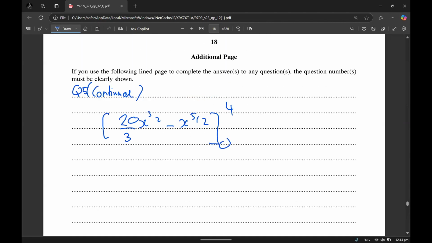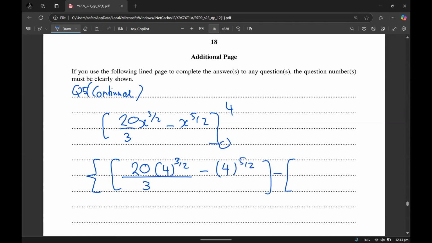Okay, so we just put in the limits. The way to do that is we first put the upper limit. So it becomes 20 over 3 times 4 cubed, divided by 3, minus 4 power 5 over 2. And then we subtract the lower limit: 20 over 3 times 0 power 3 over 2 minus 0 power 5 over 2.